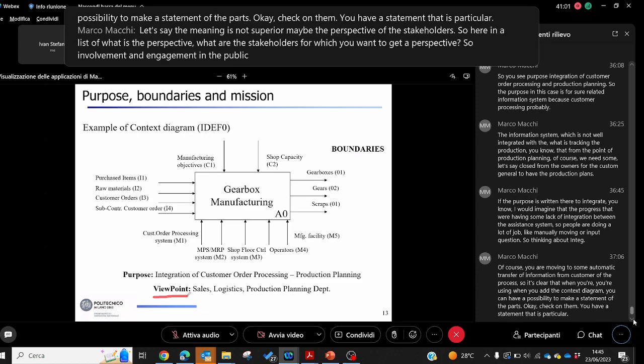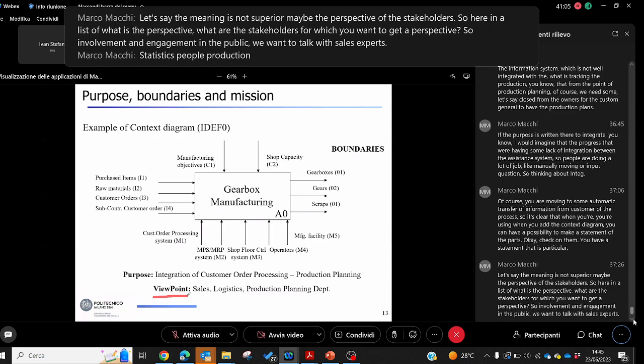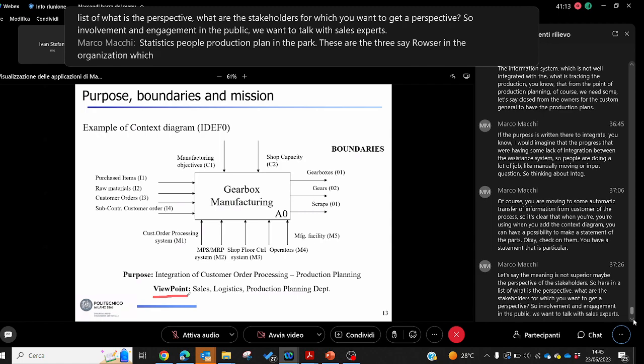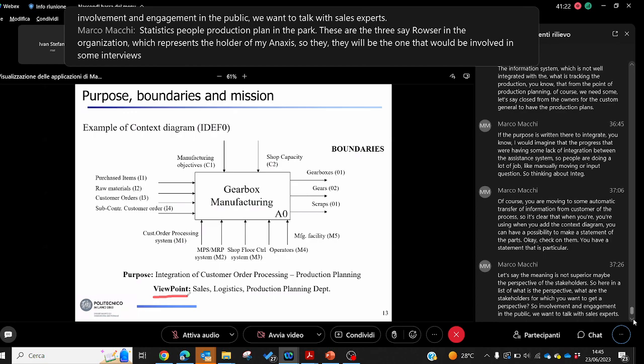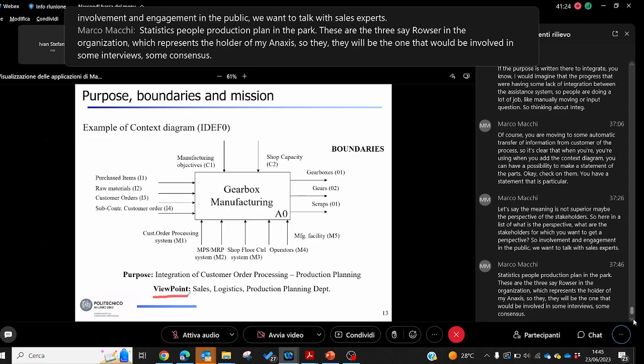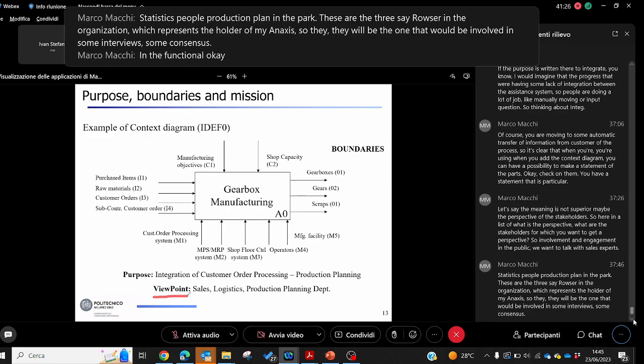We want to talk with sales experts, logistics people, the production planning department. These are the three roles in the organization which represent the main stakeholders of my analysis. So they will be the ones involved in some interviews, some consensus in the functional modeling. Okay? Here.